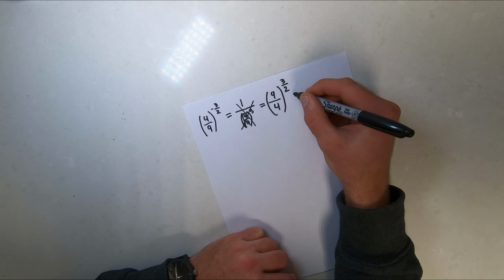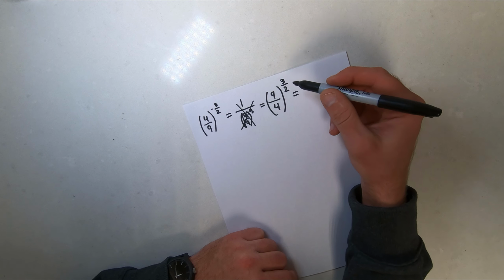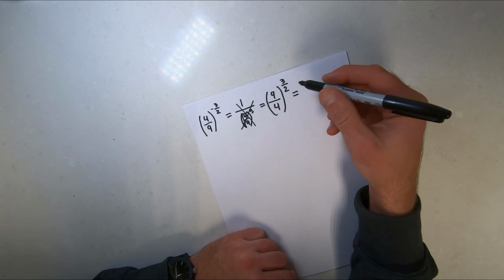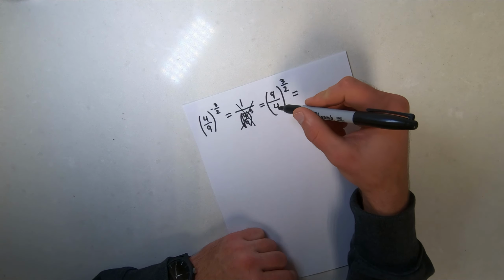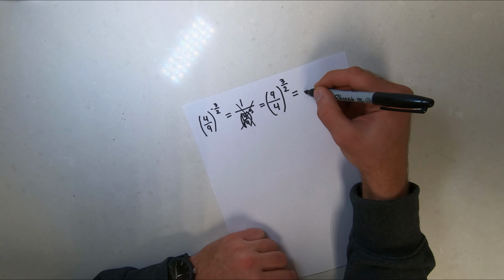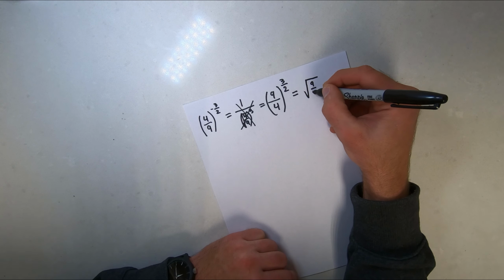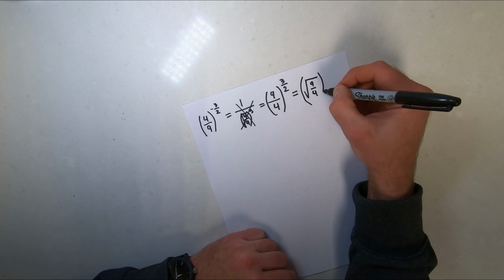So now, given what we know about fractional exponents, we know that the second number, the denominator, means the root. So we have the square root in this case, so we can transform this problem into something like this. We have the square root of 9/4, and that is raised to the 3rd power.